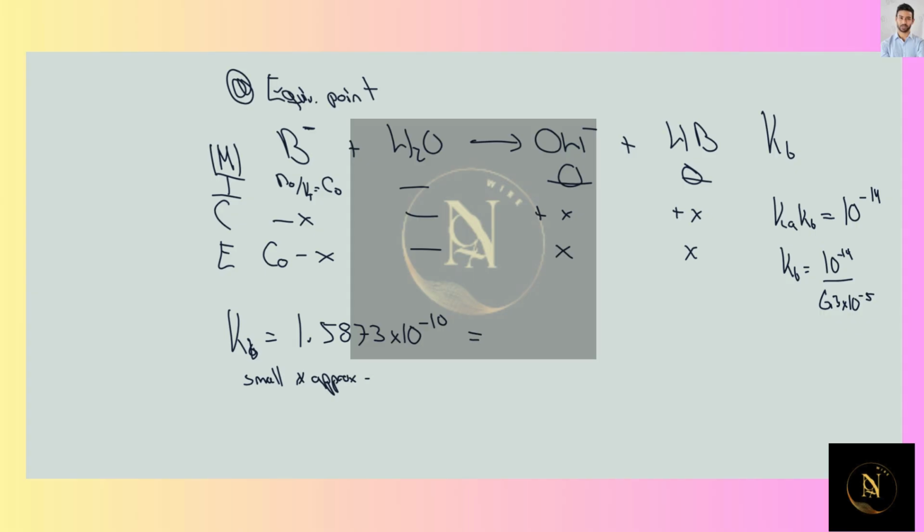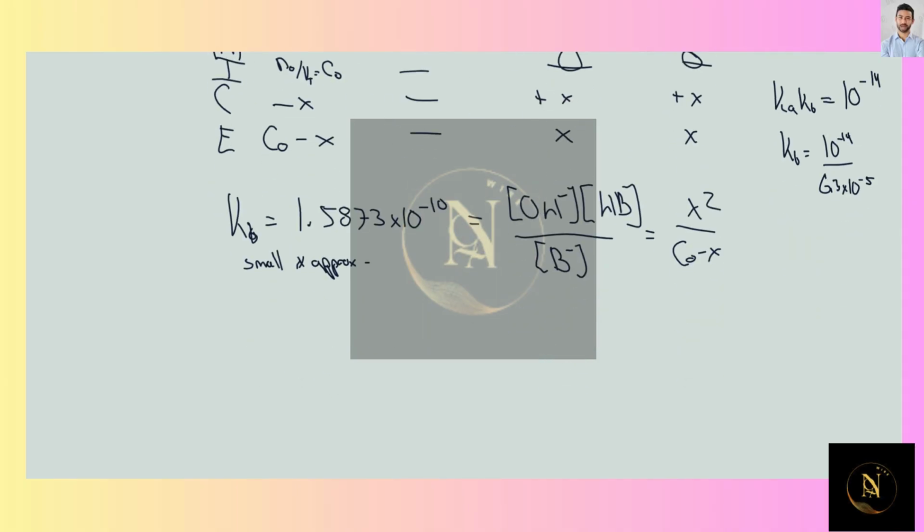This value of Kb would be equal to the concentration of OH minus times the concentration of HB, the benzoic acid, divided by the concentration of the benzoate ion, which would be, replacing the values at equilibrium, equal to x squared divided by C0 minus x. So, in this case, under the small x approximation, C0 minus x is approximately equal to C0. So, Kb would be equal to x squared over C0.